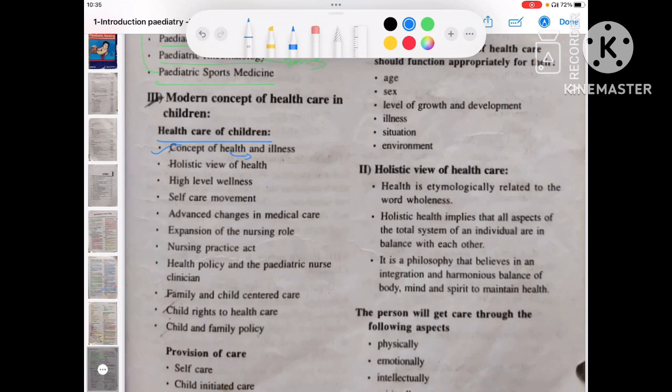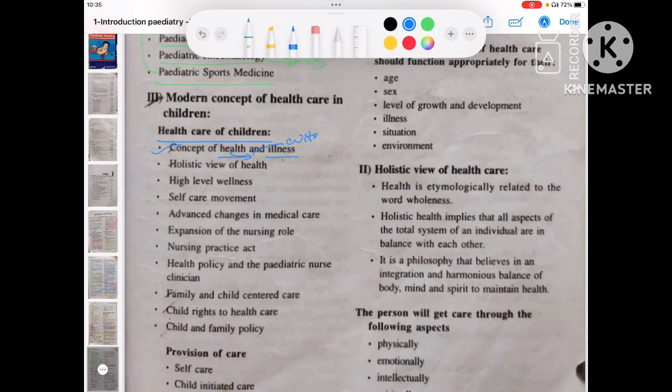WHO formulated the definition: health is a complete social, physical, spiritual well-being and not merely the absence of disease. So we have to know complete health and maintain it, so that illness is not there. The concept should be known in the care of the child.